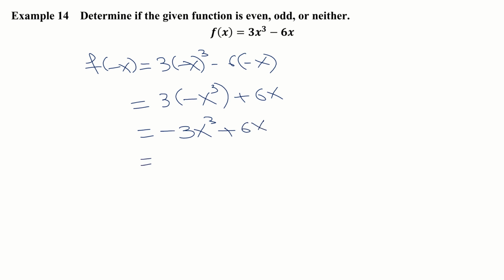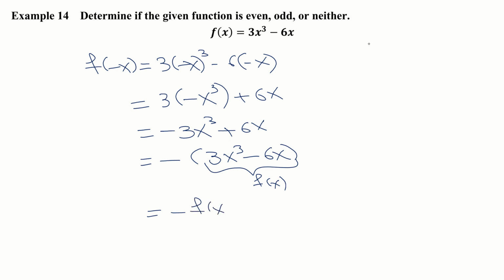Notice that if I factor out a negative, I get 3x cubed minus 6x. But look, this is what? That's f of x right here. So basically, f of negative x ended up being negative f of x.